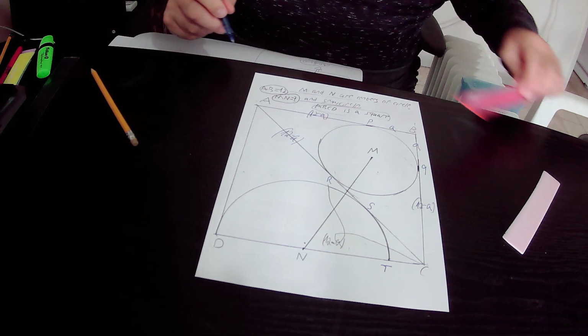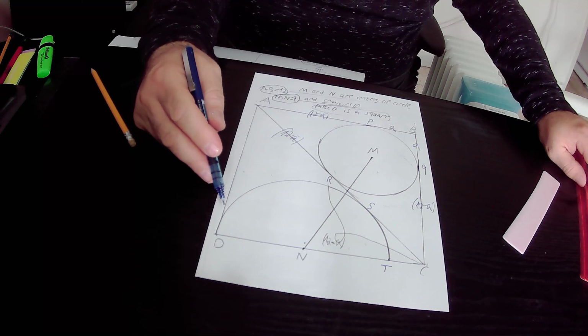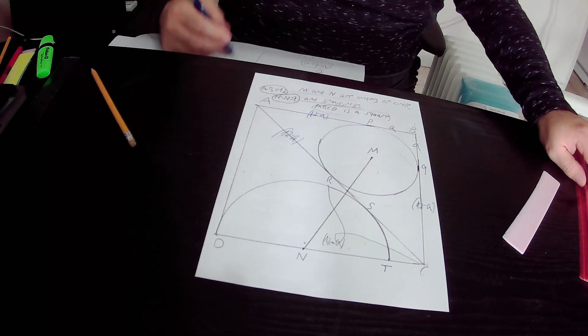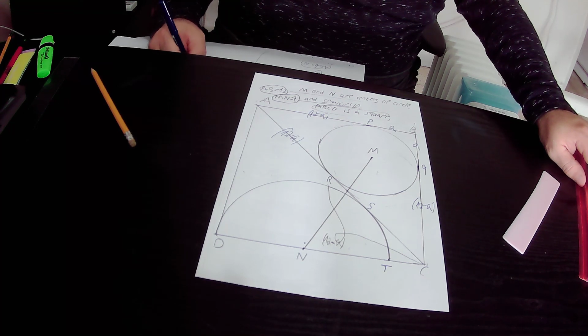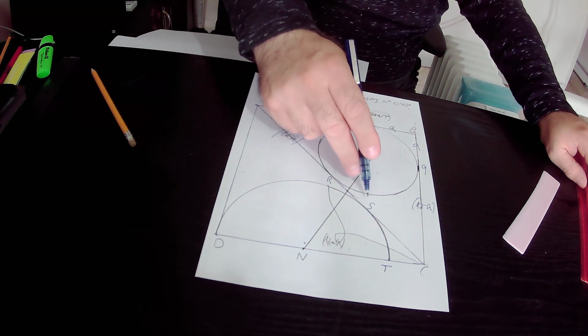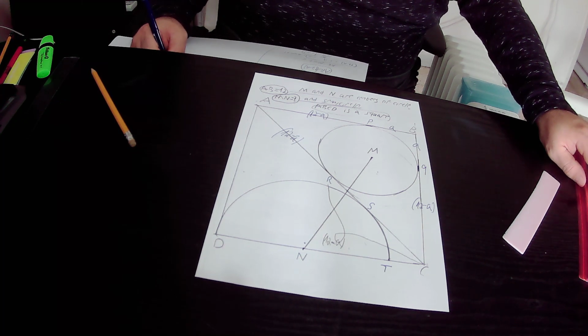The first tangent is tangent AD. Tangent AD is tangent to the semicircle at point D. This is the point of tangency. And the second tangent from point A is tangent AS. AS is tangent to the semicircle at point S. Point S is the point of tangency.